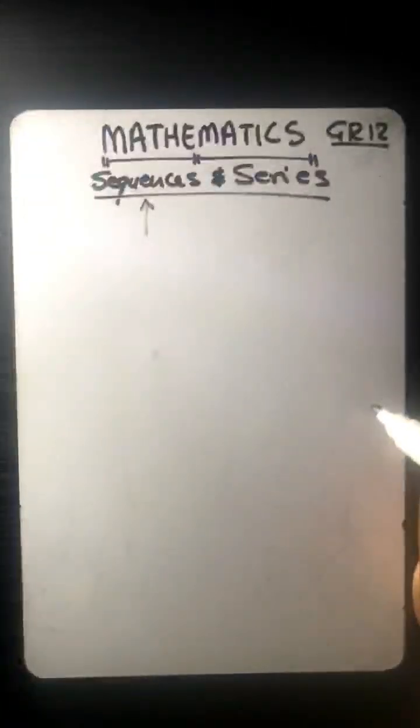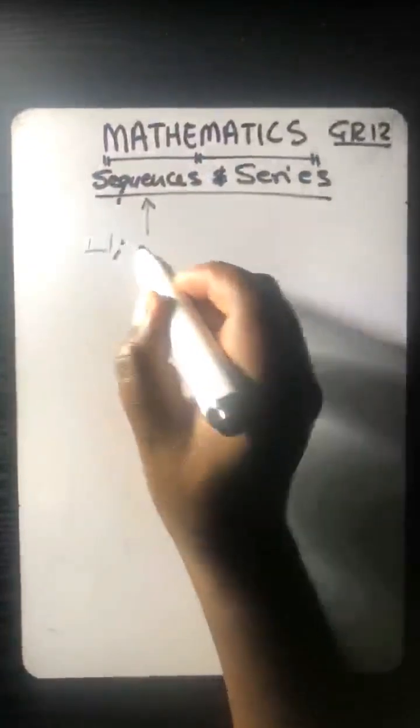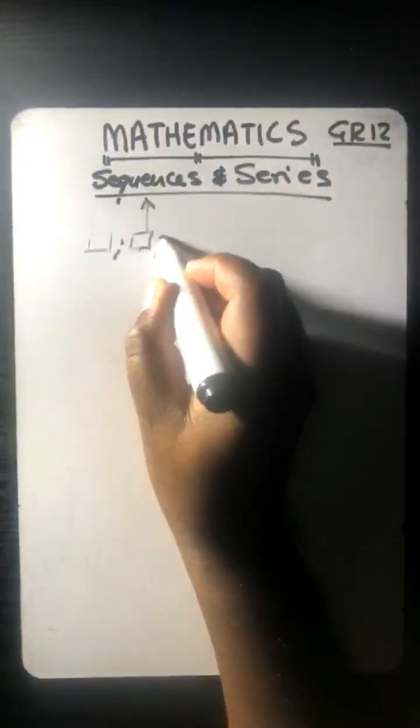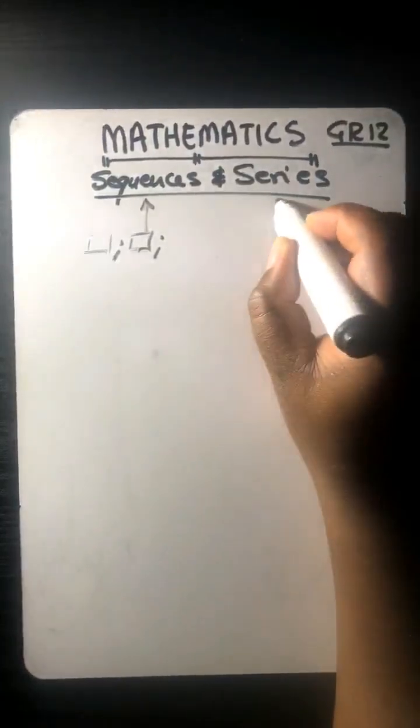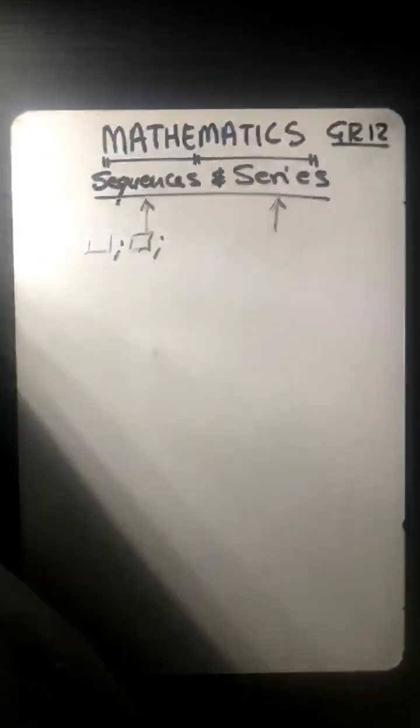Remember, all that we've been doing were sequences or number patterns, where there is a stand number separated by that. I want us to spend more of our time talking about series in today's lesson. Remember, it's grade 12 learners who are invited.